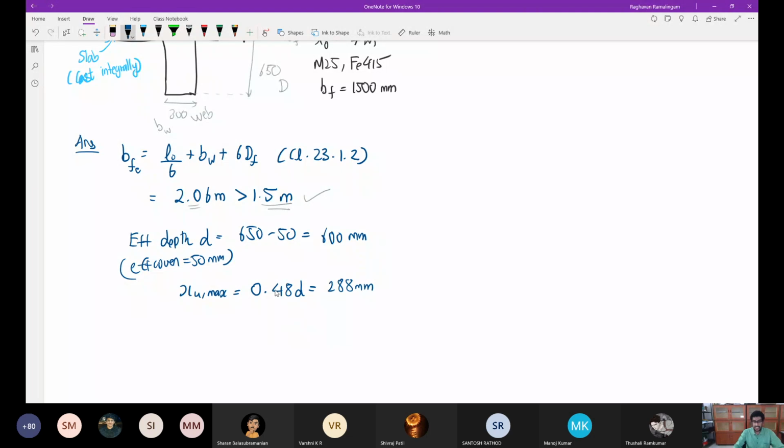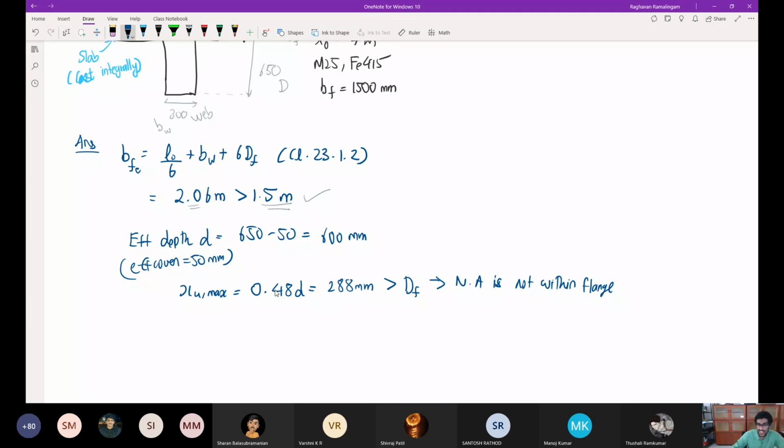Okay, and this is definitely greater than DF. So this tells me that the neutral axis is not within the flange, because XU is greater than DF.